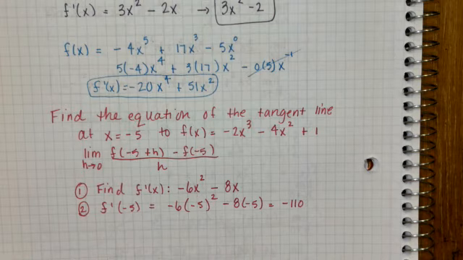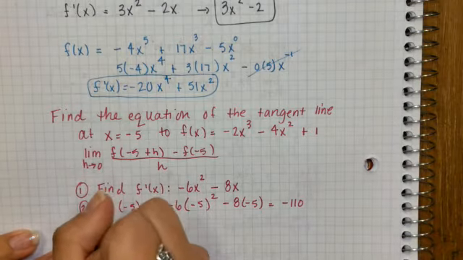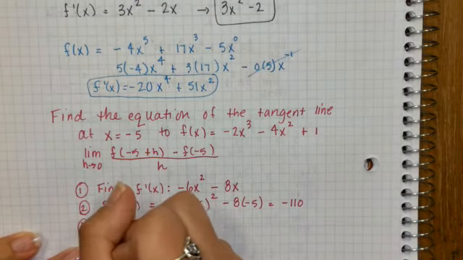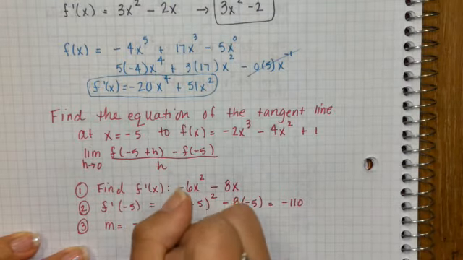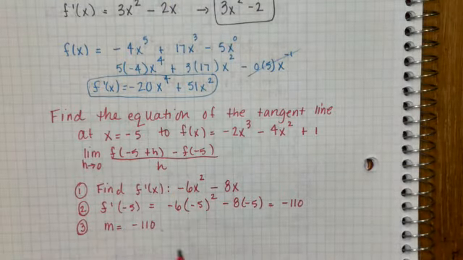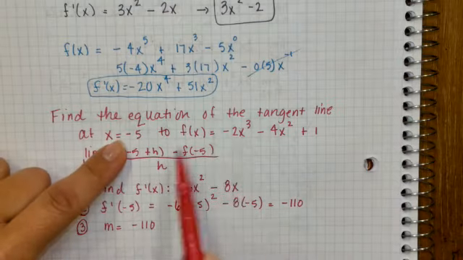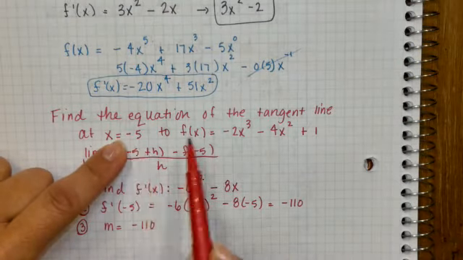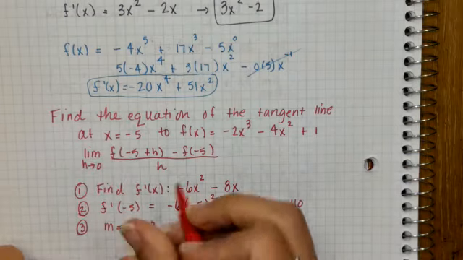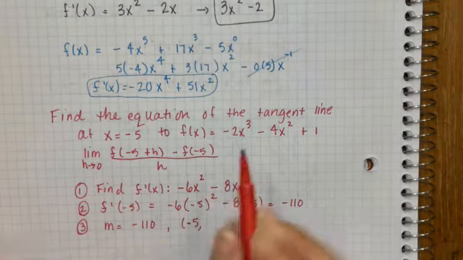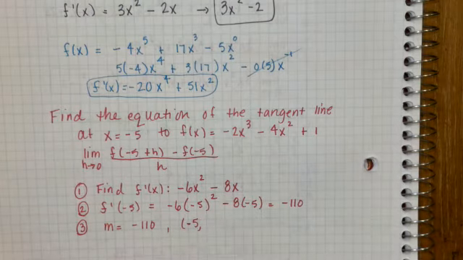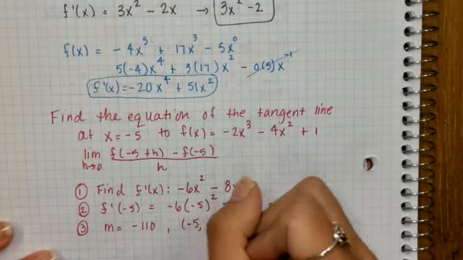Okay. And now let's write the equation. I have my slope. I need the ordered pair. So what is this point when x is -5? What's y? Plug that in. I got 151.